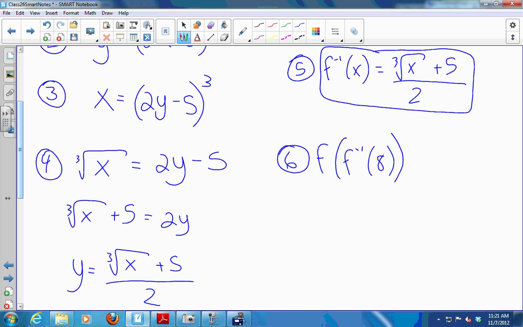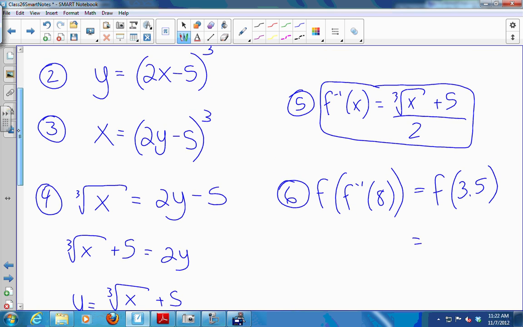So what is f inverse of 8? Using our formula for f inverse, if you plug in an 8, what do you get? 7 divided by 2, yeah. 3.5. Sorry, it's f of 3.5. So replace f inverse of 8 with a 3.5. And then what is f of 3.5?